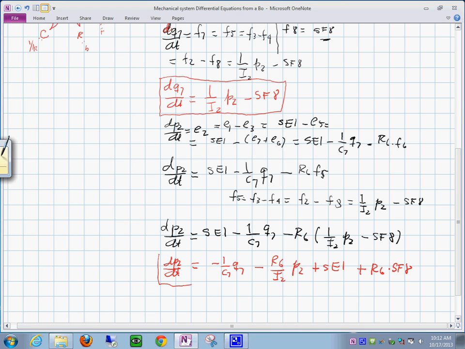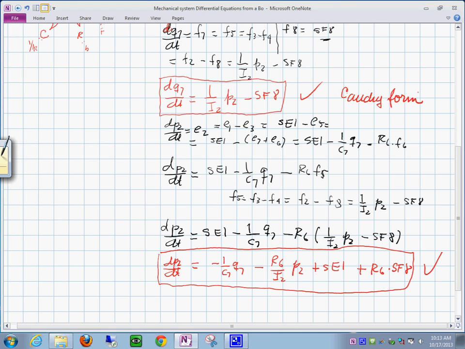And this other equation, this one combined with this, see these two? These are called the Cauchy form. They are not different equations. They are just the same equations, but written in a different way.